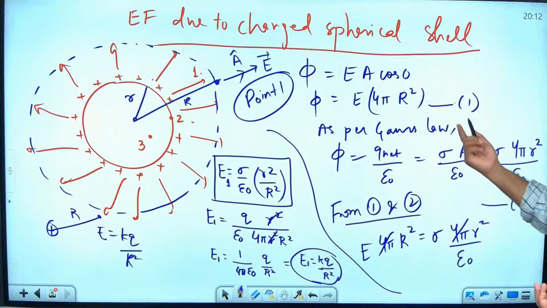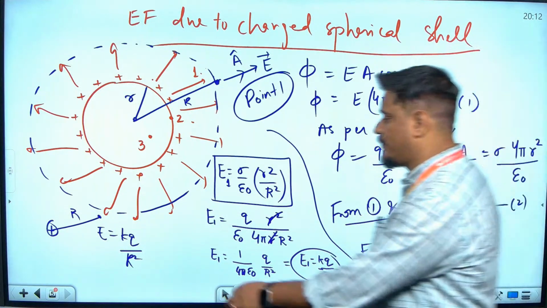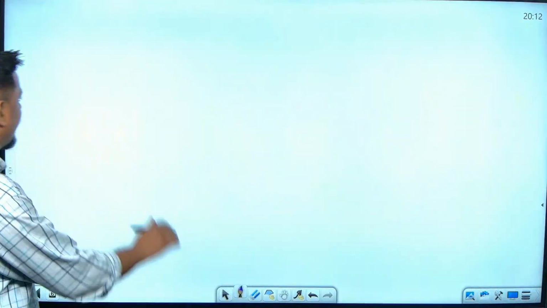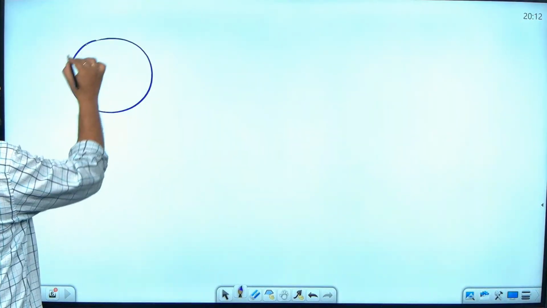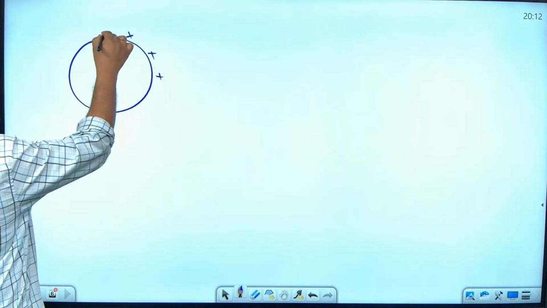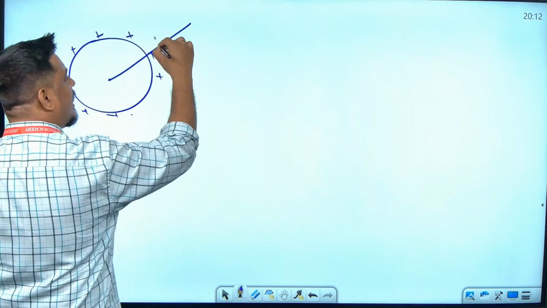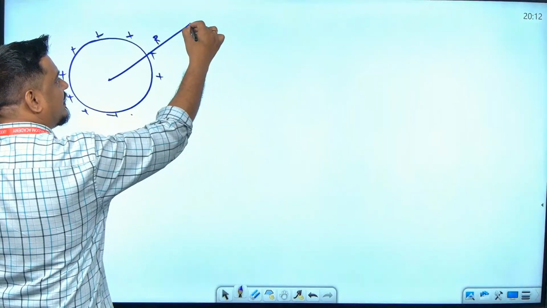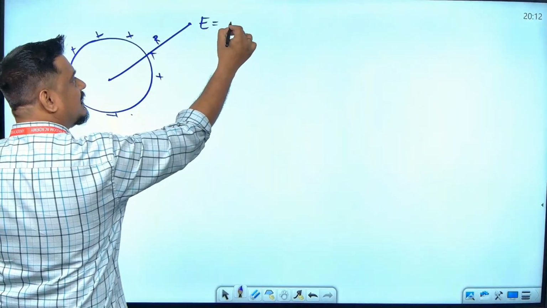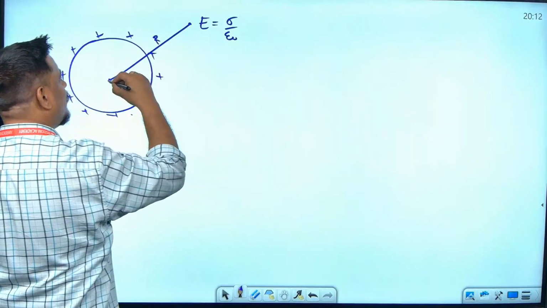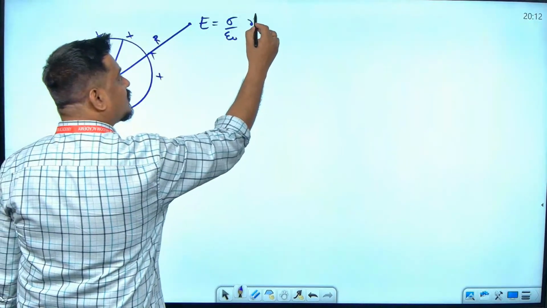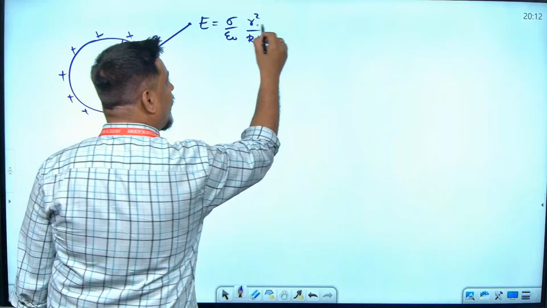I am going to write that on the next page. So what we came to know in this derivation: if you have a charged spherical shell and you are going to a point which is r distance away from the center, then here the value of electric field is sigma by epsilon naught into r square by R square, where what is small r?